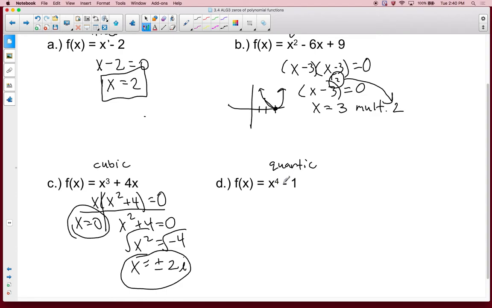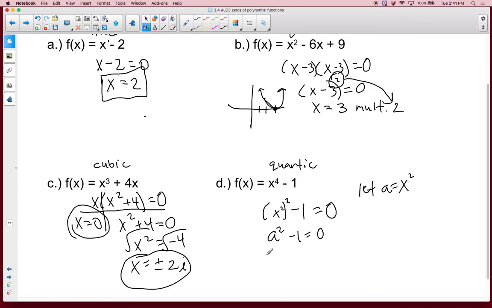Here we can see this is a quartic, so we should get 4 answers. We can use substitution here. I can write this as x squared, squared, equals 0. Then I'm going to let a equal x squared, so I can write this as a squared minus 1 equals 0.